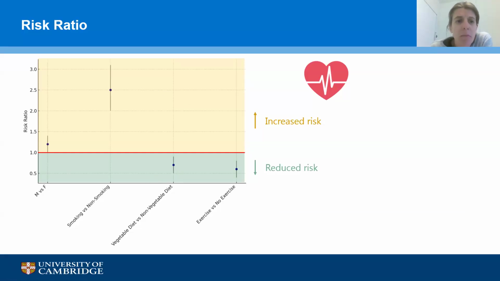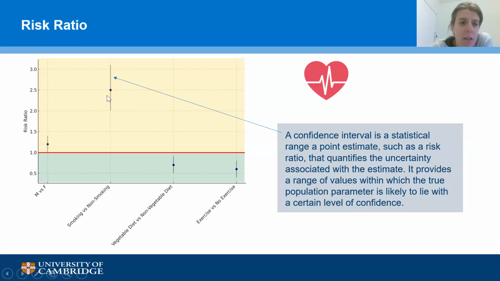Some of you can ask, this is the estimate that we calculated, but what is this gray bar? This is what we call a confidence interval in statistics, a quantification of the uncertainty, because we are never sure what exactly the risk is.